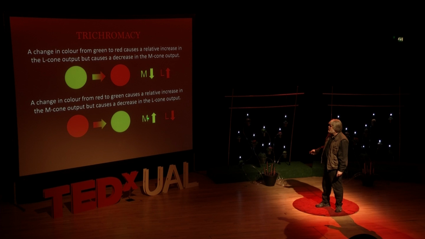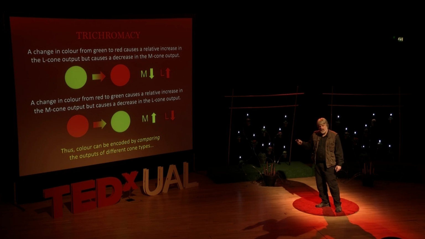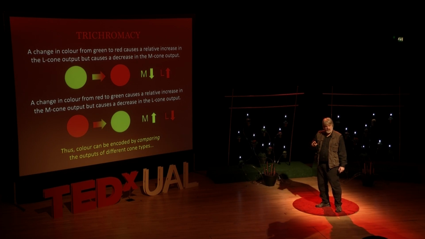If a light goes from red to green, the M cone signal goes up because the M cones are more sensitive to green, and the L cone signal goes down. So we encode colours by comparing outputs of the two cone types, or the three cone types. So each cone type is colourblind, but the way the signal changes as the colour changes is different. And that allows us to encode colours.